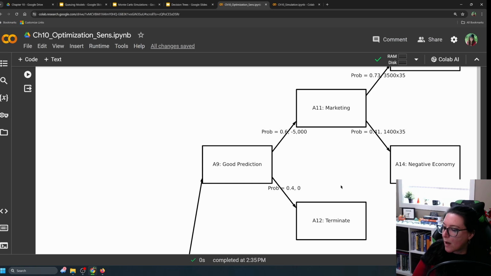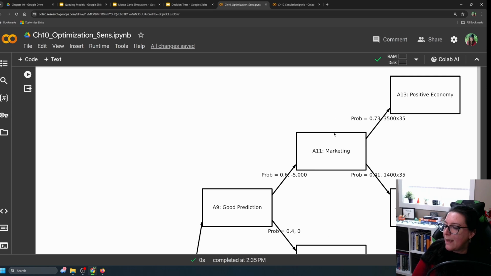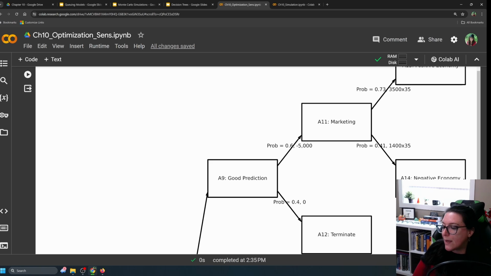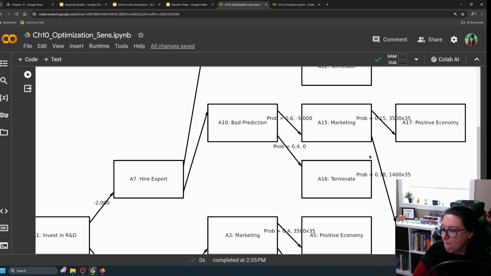We decide marketing or terminate. If we market, it's going to cost us $5,000. After we market, it might be a good economy. So the probability that it's a good economy after they predicted it was good is 73%. That's what we just calculated. Or it could be that it's a negative economy when they predicted it was good, and there was a 41% chance of that. Okay.